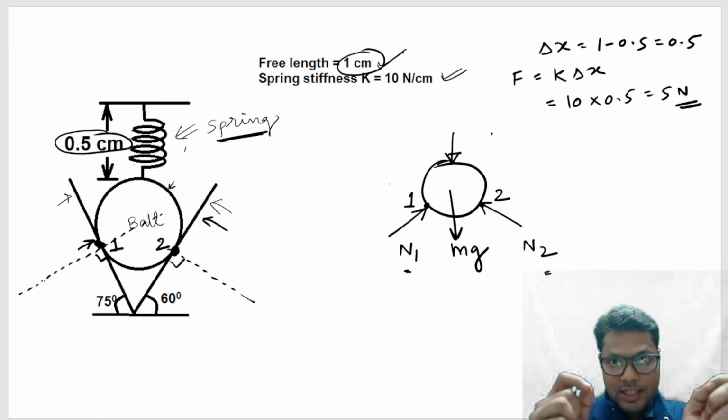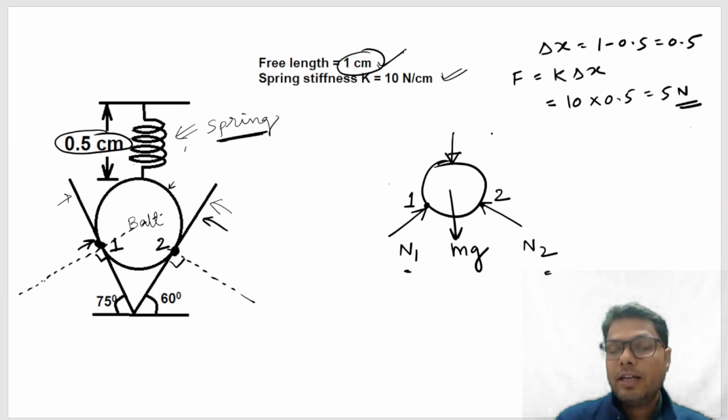If you extend the spring it will retract or attract. Here, since the spring is compressed, this 5 Newton force will be of push nature. Okay, so in case of a spring, you have to think a little whether the spring is compressed or extended, and according to the case you have to choose the direction of the spring force.